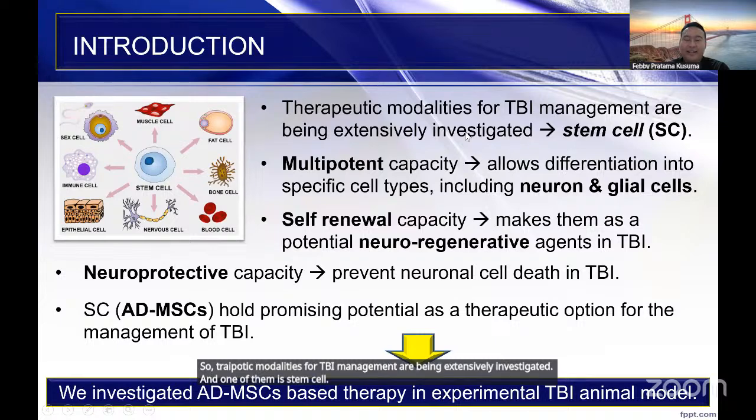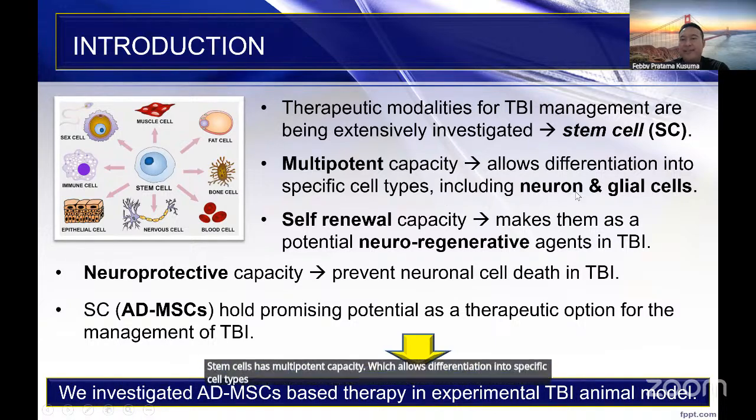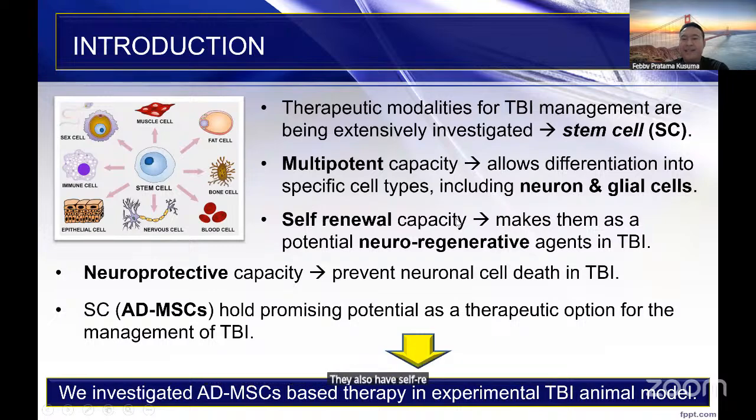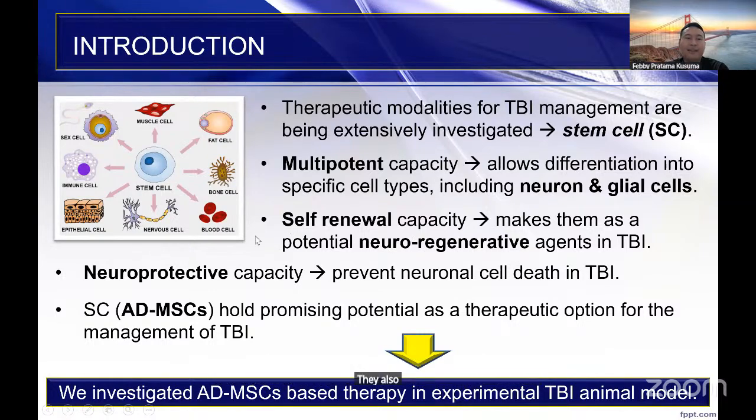Why stem cells? In general, previous studies found that stem cells have multipotent capacity, which allows differentiation into specific cell types, including neurons and glial cells. They also have self-renewal capacity, which makes them potential neuroregenerative agents in TBI. They also have neuroprotective capacity, which prevents neuronal cell death in TBI.